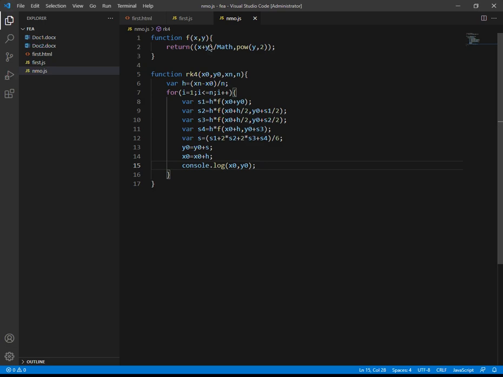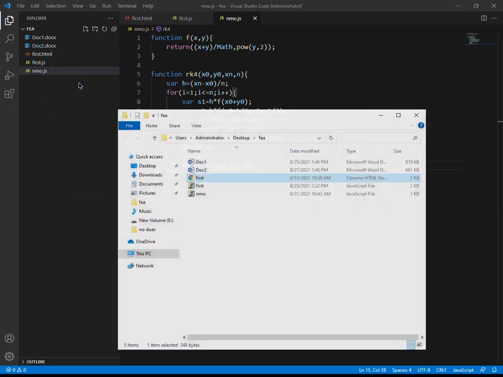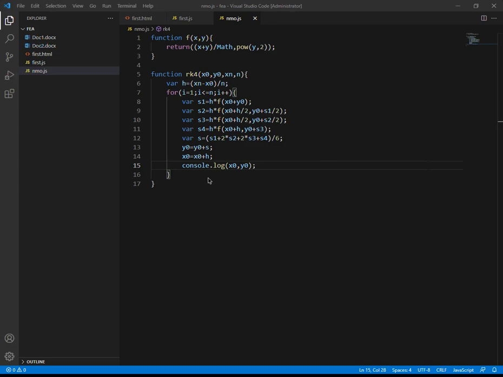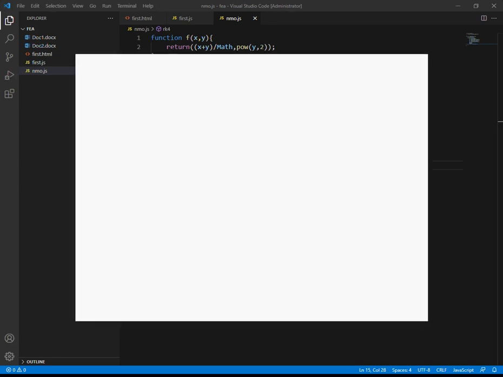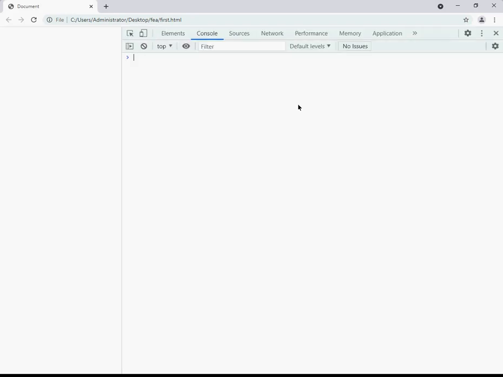So let's try to load this. Okay, so it has been loaded.